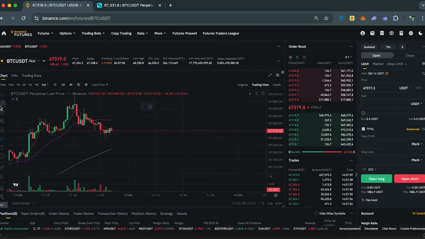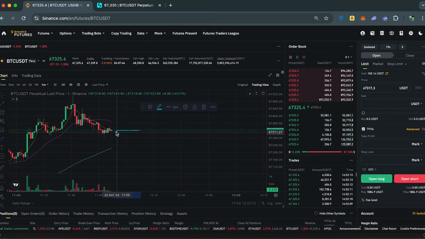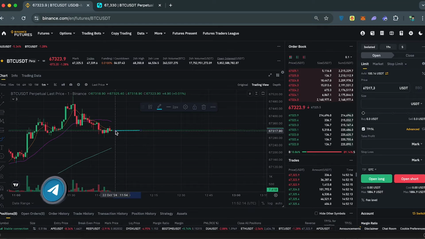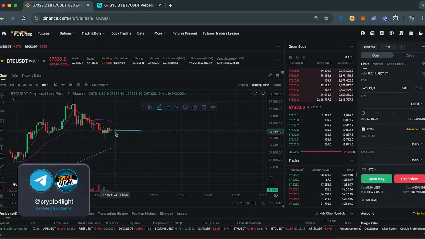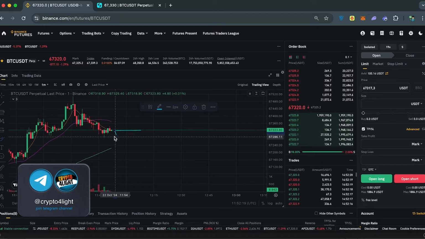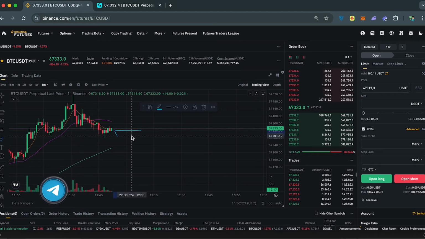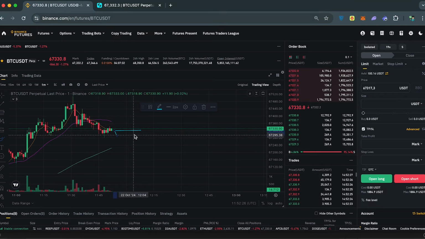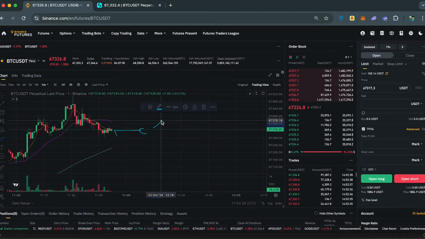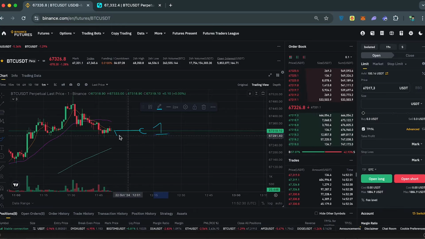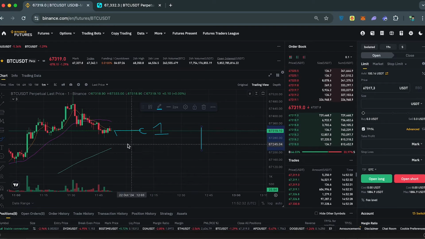You open a market order, but there is not enough BTC to fill your order, and the price goes down. If there are no limit orders to buy at 67,290, this will be your first order, and there will be an empty space, and you will see the slippage.